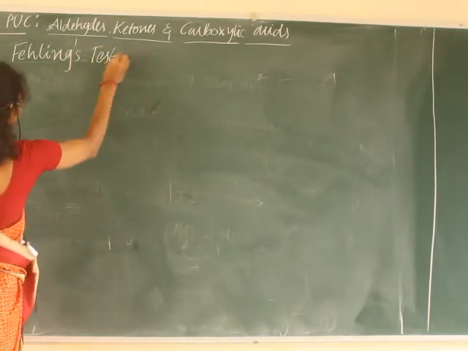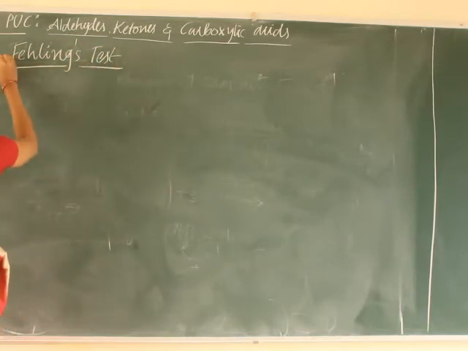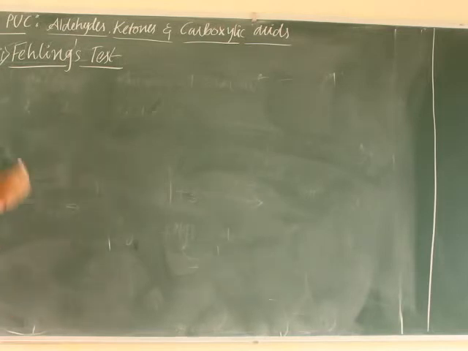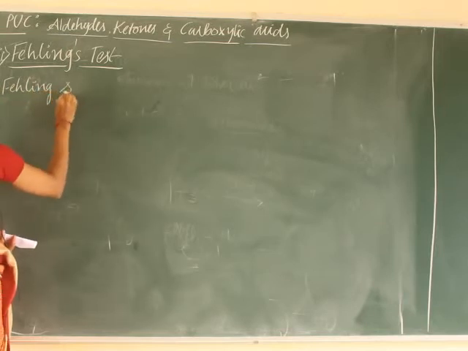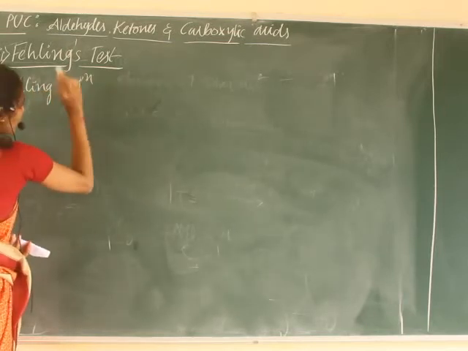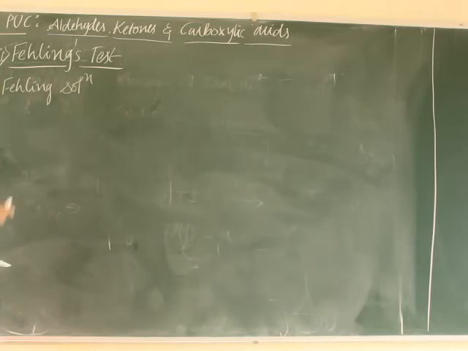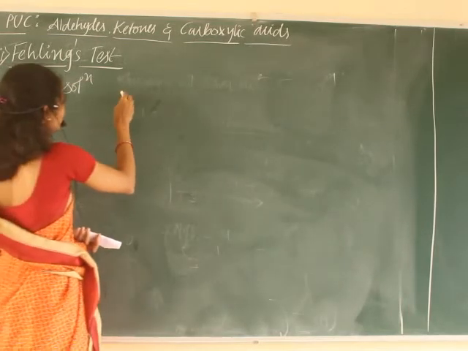So the second test, the first is the Tollens' reagent test, the second one is Fehling's test. In this Fehling's test, we will use Fehling's solution, and Fehling's solution is nothing but it comprises two solutions.